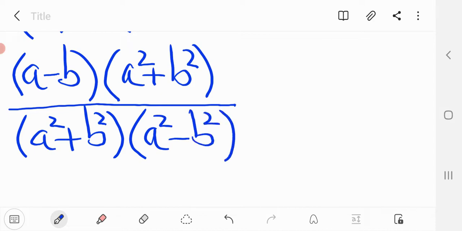Now a square plus b square is available in numerator and denominator, because they are not a formula, they cannot be simplified, they cannot be further expanded, so both will be cancelled.